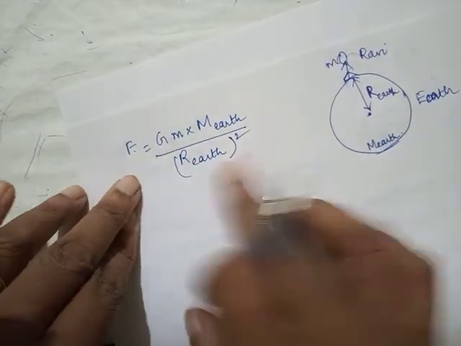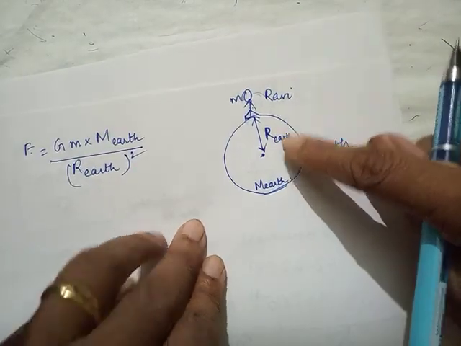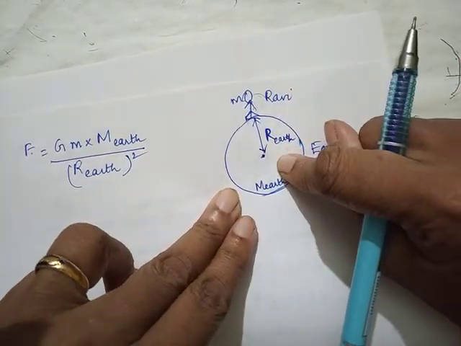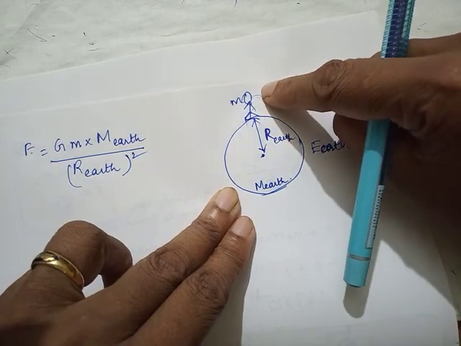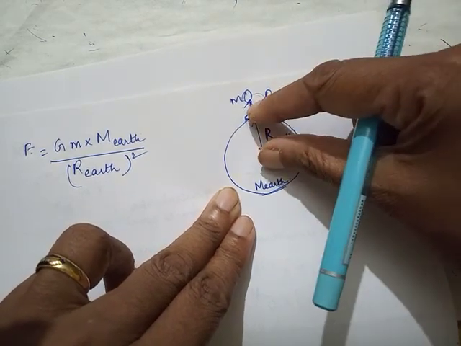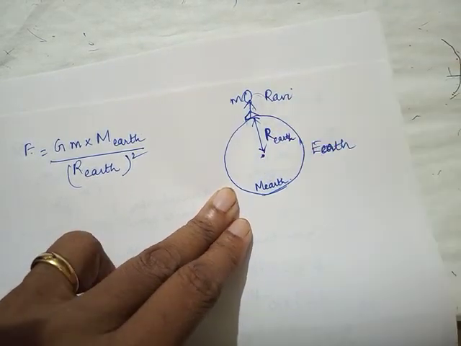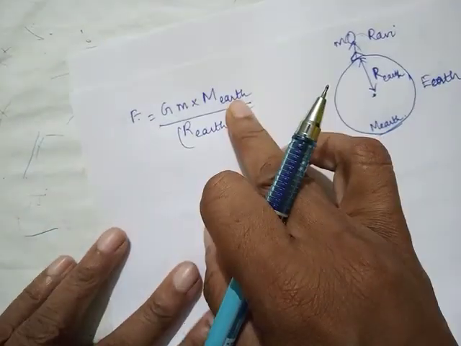I hope you're getting the point. We are calculating the force of attraction between Ravi and Earth. So we have to take the mass of Ravi and the mass of Earth, and the distance between them will be the radius of Earth.